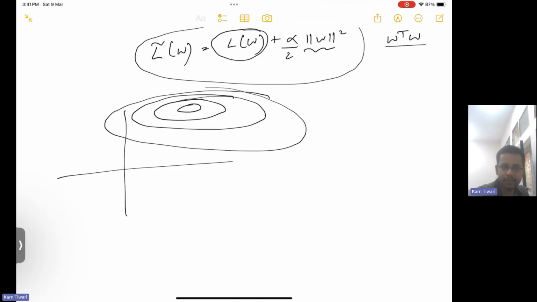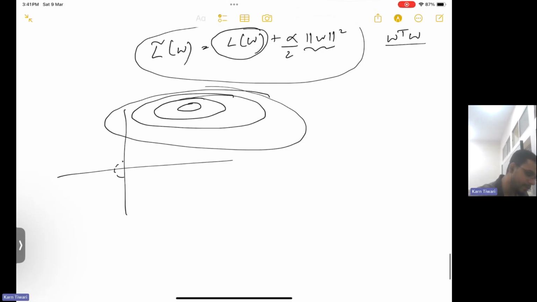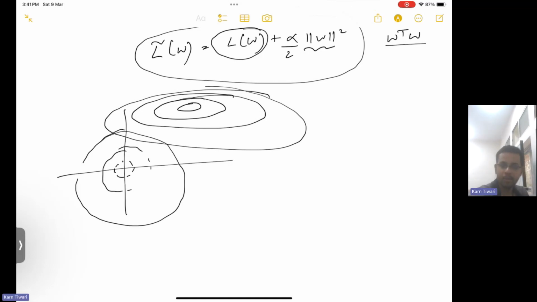If you draw the norm ball of this W, the L2 norm is a circle, because along a circle all points are at an equal distance. That is what we call a norm ball. The point where this tangent and that tangent match equally is where the whole thing will be minimized.